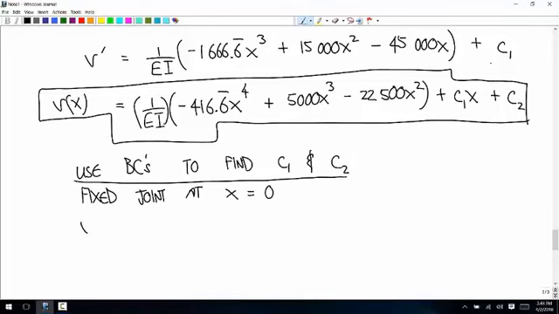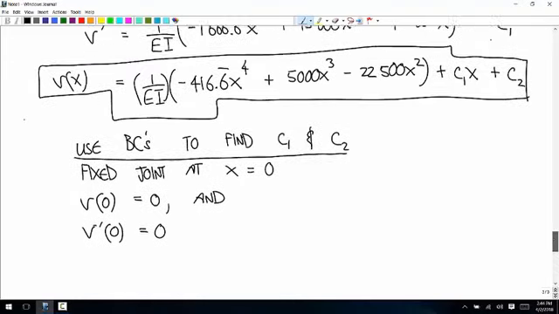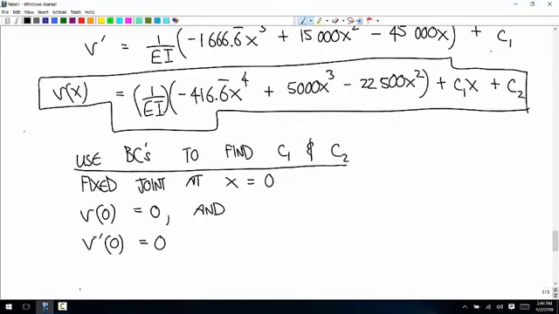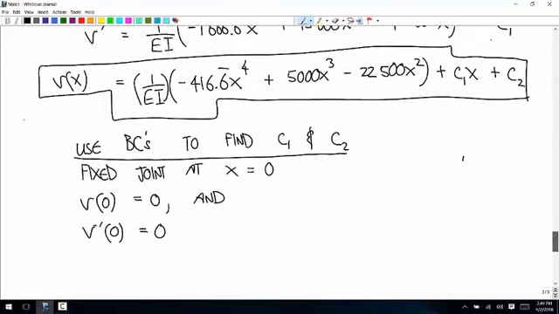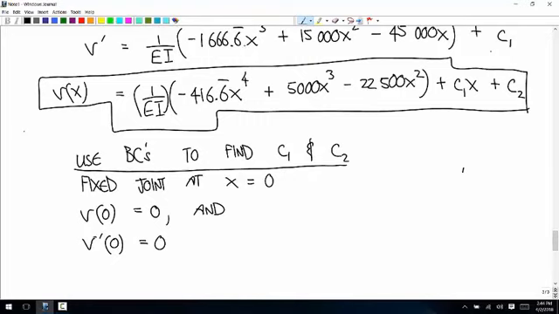So we know that the deflection at 0 has to be equal to 0, and v prime at x equals 0 has to be 0. Well, let's use the v prime first. So we have this expression right here for v prime.